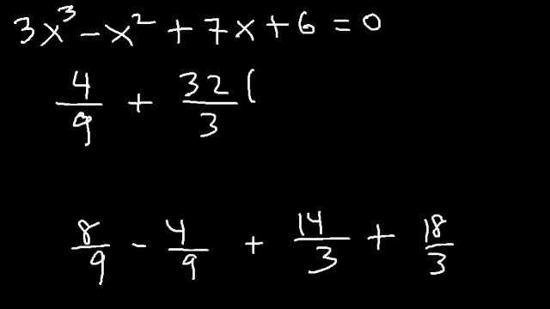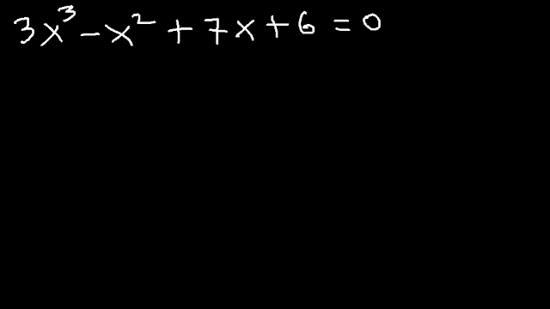Well, we can clearly see that this is not going to add to 0. So we can stop here. 4 over 9 plus 32 over 3 is a positive number, so we can leave it. Let's try negative 2 over 3.